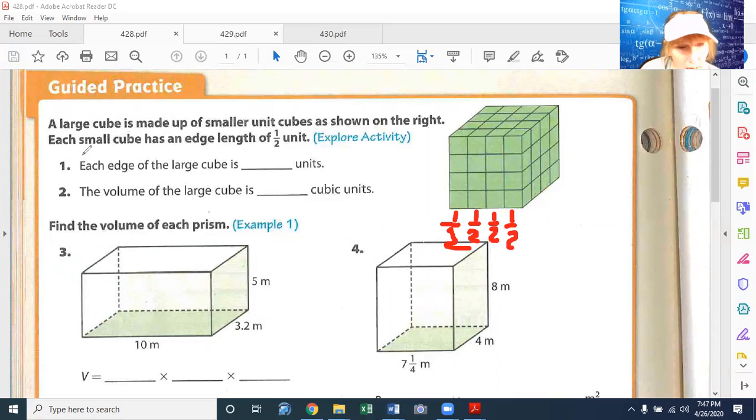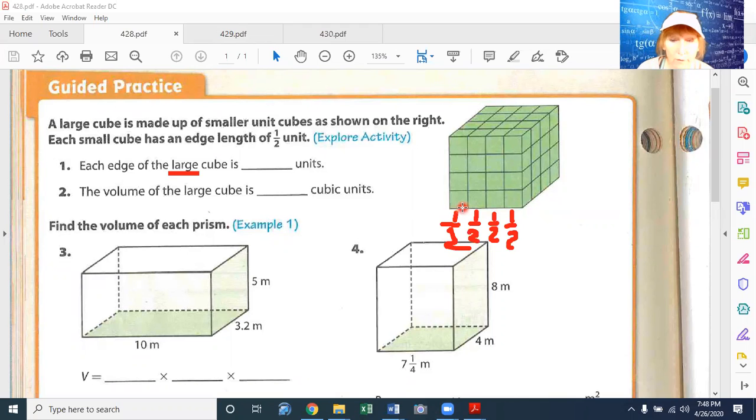So it says each edge of the large, key word here is the large cube, is blank units. Well, each small cube, the length is 1/2. So how long is the whole side right here? That whole edge. How would you figure that out? Exactly, 1/2 plus 1/2 plus 1/2 plus 1/2.